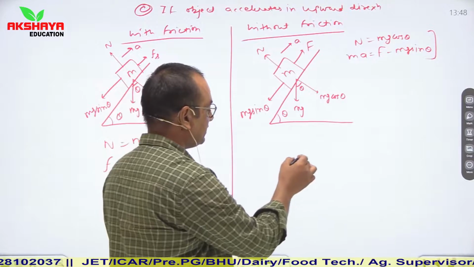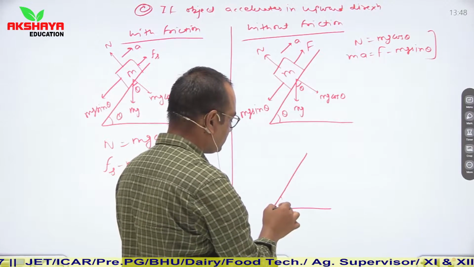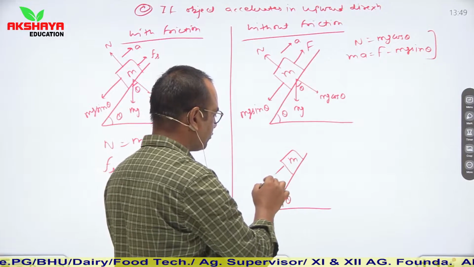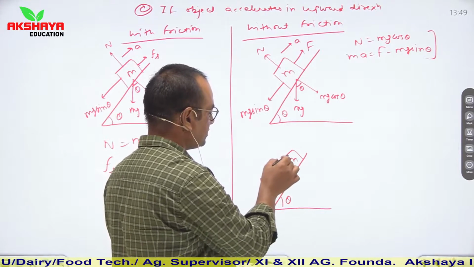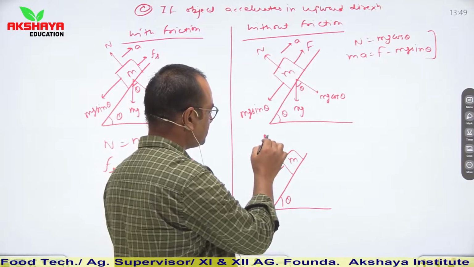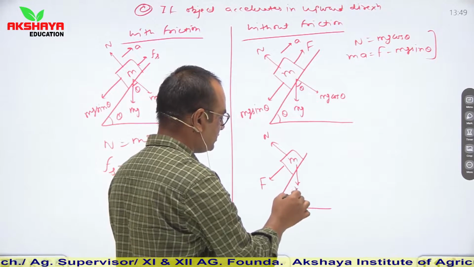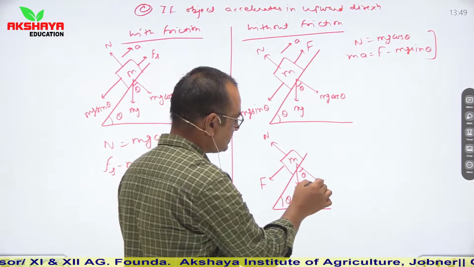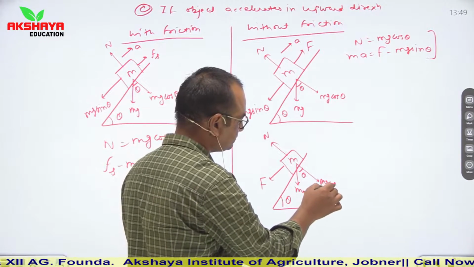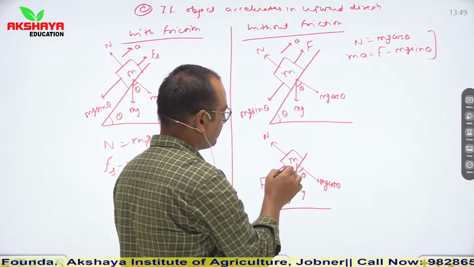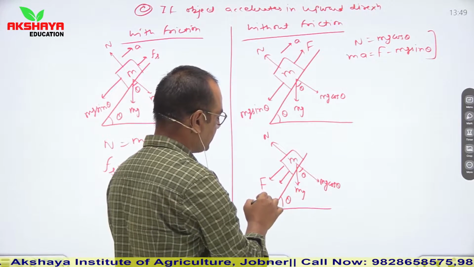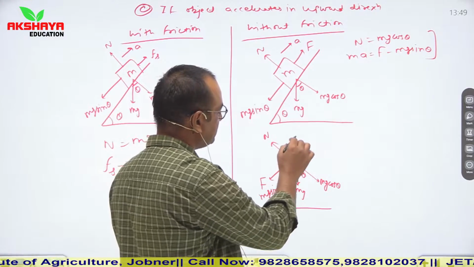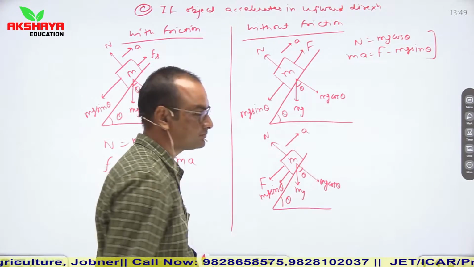Now see, इसी में एक और पैटर्न अपन बात कर लेते हैं. अगर ये फोर्स है आपका F, ये लगता है डाउनवर्ड डायरेक्शन में. तो देखो, this is normal force, this is mg, this is angle theta, so it is mg cos theta, and this is mg sin theta in the downward direction. But it is considered accelerating in the upward direction.